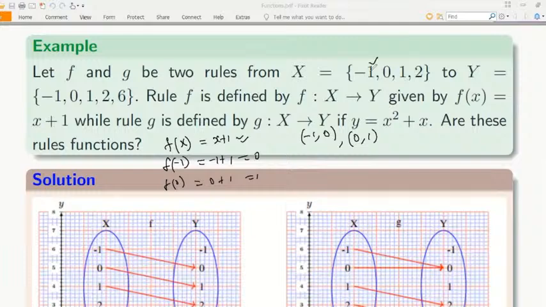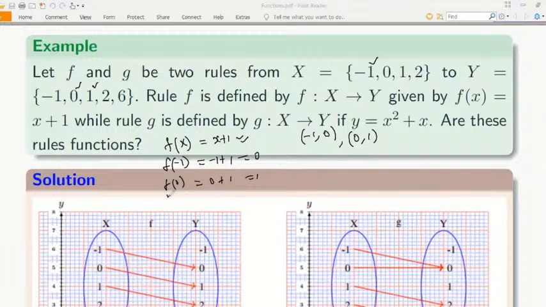Before we go far, we check if this image 0 is here. Yes, it's there. The image 1 here, is it here? Yes, it's in Y. Then we come to object 1.